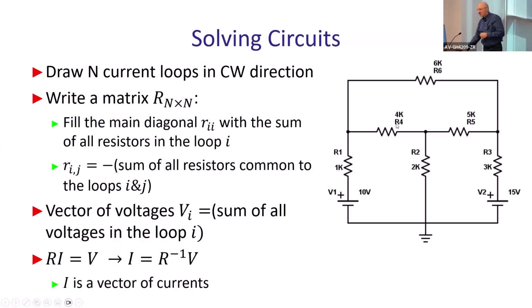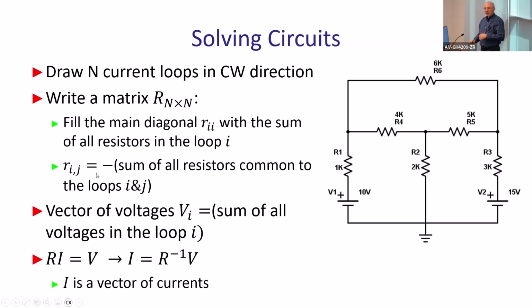So you'll put minus R4 in place 1, 2, and 2, 1. And this matrix is symmetrical, so 1, 2, and 2, 1 will be the same. Because obviously, if a particular resistor is common to loops 1 and 2, it will be common also to 2 and 1, right? It must be symmetrical. So this matrix is symmetrical. It has exactly the same elements for IJ and JI. Okay, that's what it means.